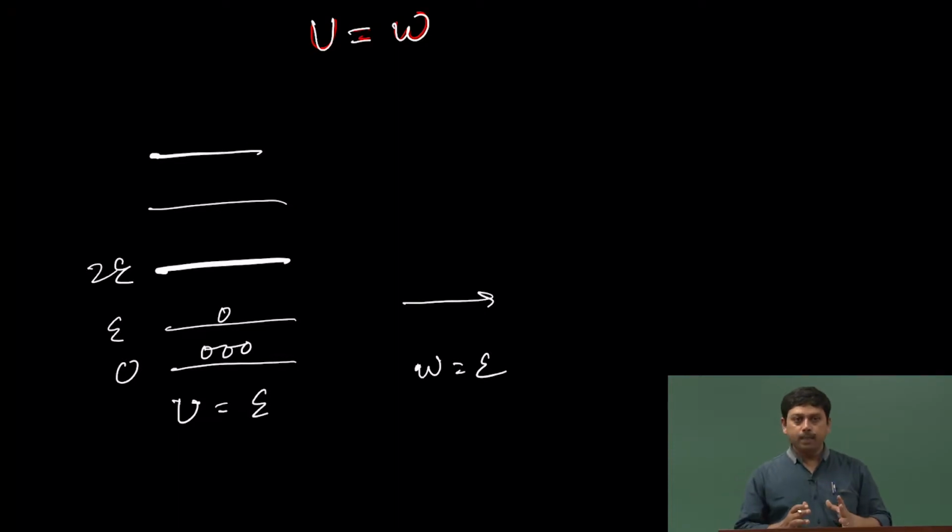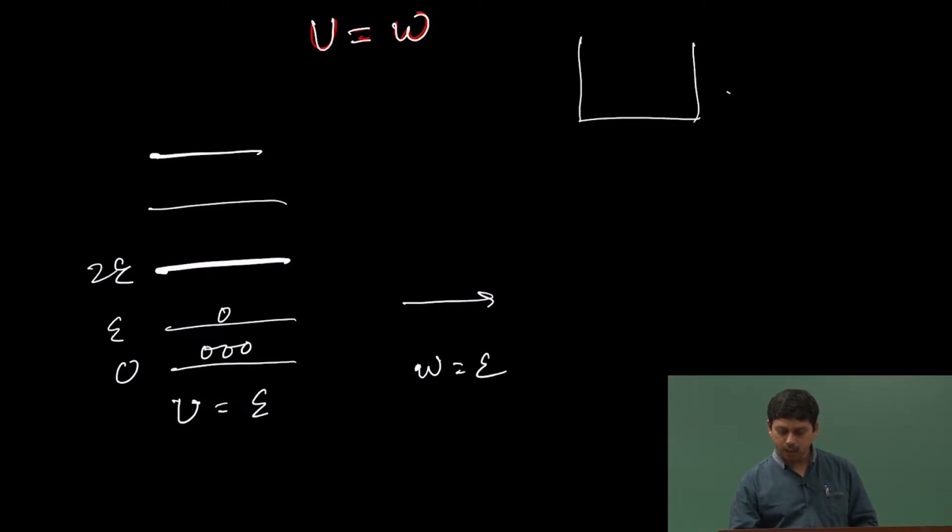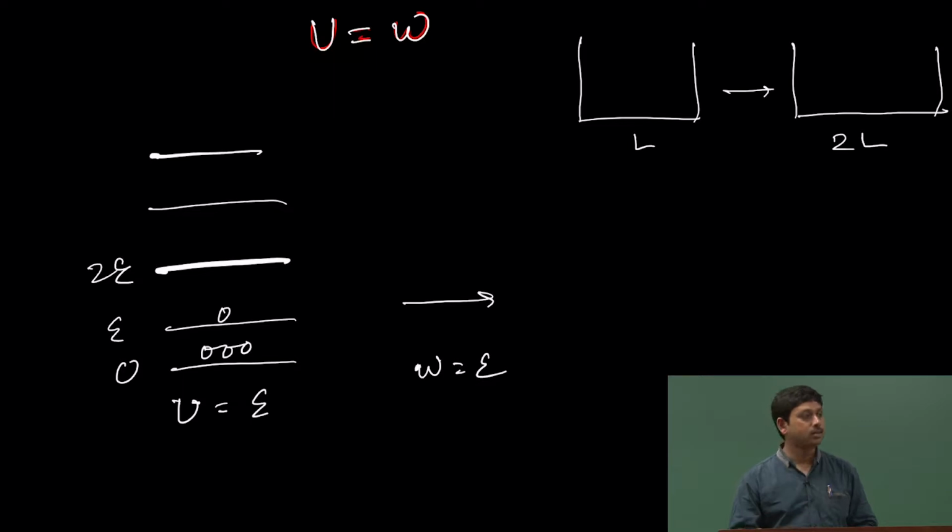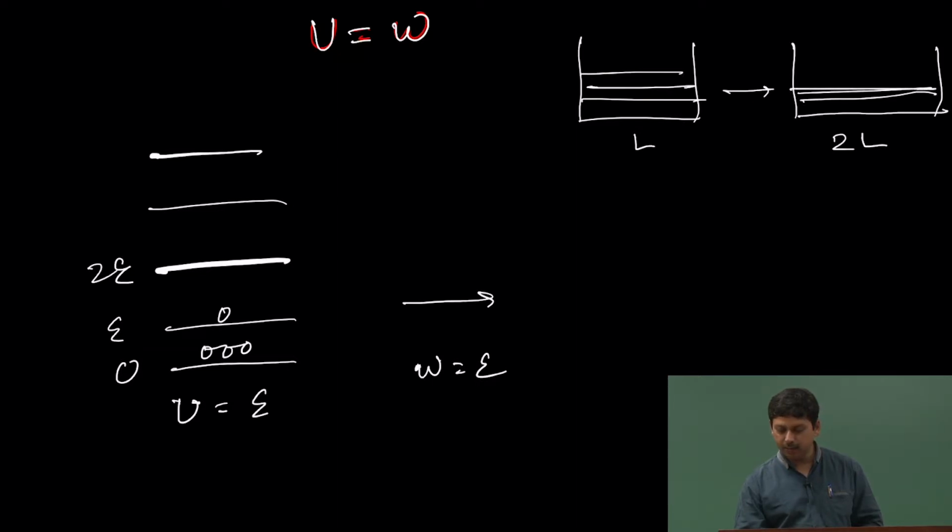So, from the 3D box let us come to a 1D box. For a 1D box, if the box length changes, let us say it goes from L to 2L, what happens to the energy levels? The gap between the energy levels decreases, right, they become closer.